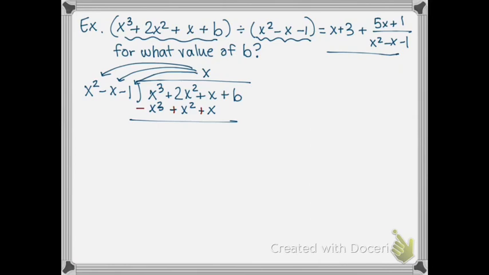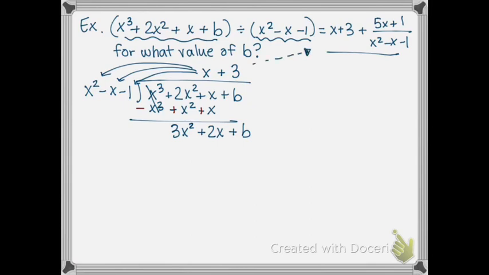So let's add the opposites here. The x cubes cancel. Adding the next terms, we get 3x squared plus 2x, and let's bring down that b. Now we're dividing, so we need something times x squared to give 3x squared, so we're just multiplying by 3. This looks good because it's matching the answer at the top of the page so far.